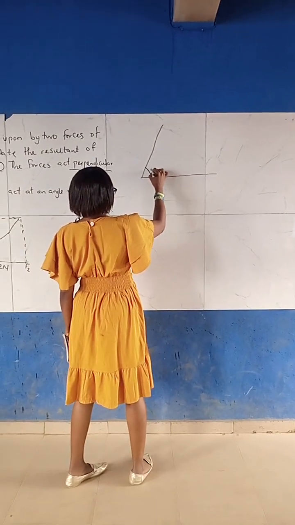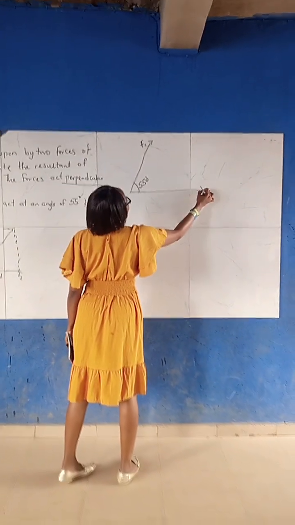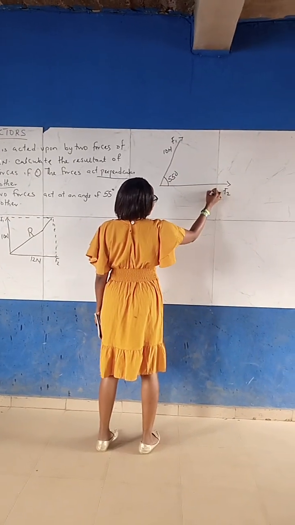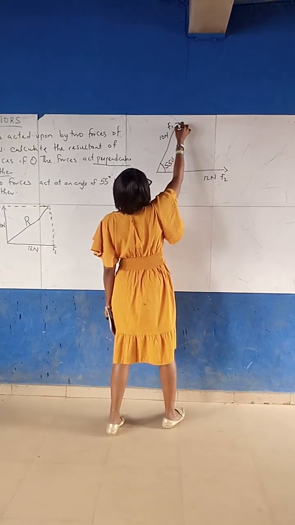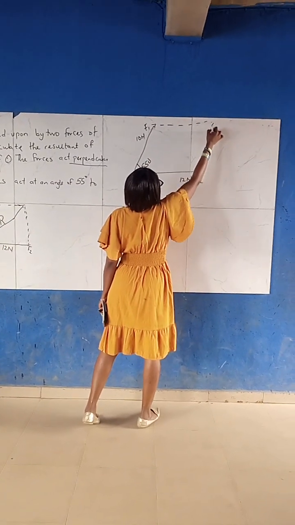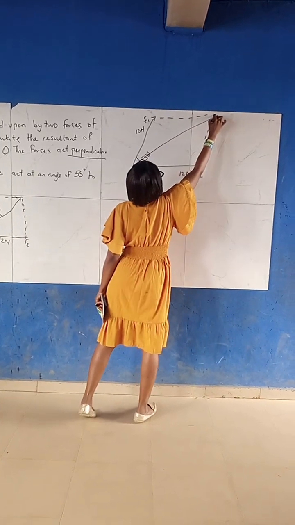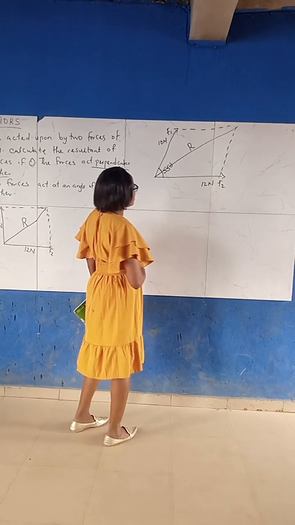This is 55. My F1, my F2, this is 10 Newton and this is 12 Newton. What do I do now? I'm going to complete this parallelogram. Then the diagonal is my resultant.